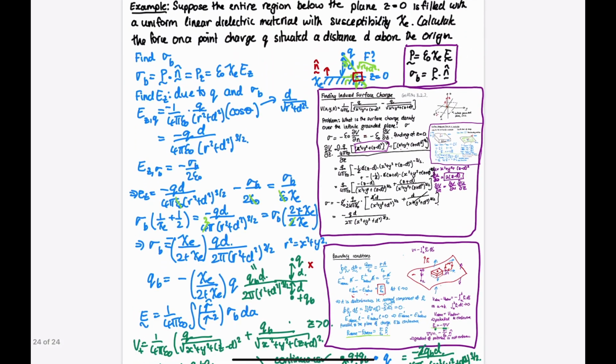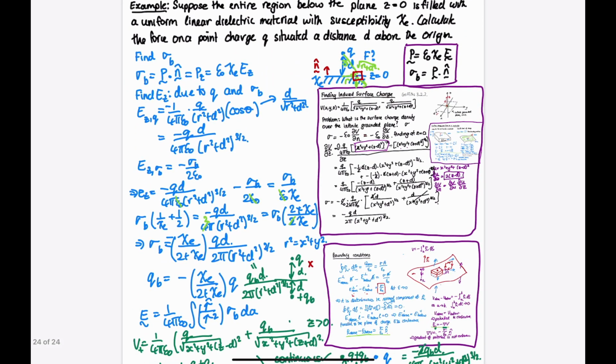So what this was asking me to calculate was the force on the point charge Q situated a distance d above the origin, and now we're just working out the force with Coulomb's law this way. So the force is equal to 1 over 4 pi epsilon naught, times the two charges, which are Q and Q_B, where Q_B is given by this relationship here.